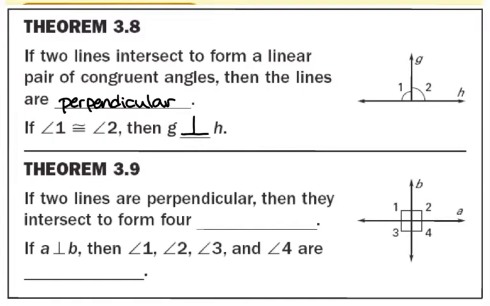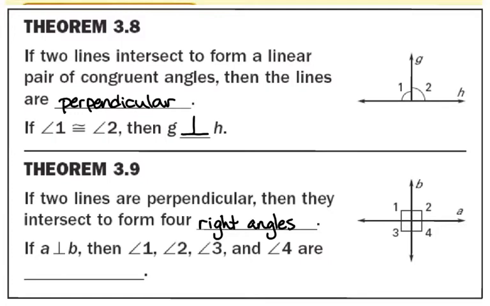Okay, 3.9, again about perpendicular things. If two lines are perpendicular, then they intersect to form four right angles, is what you're going to put here. So if two lines intersect and you know they are perpendicular, you can state this about every single angle.